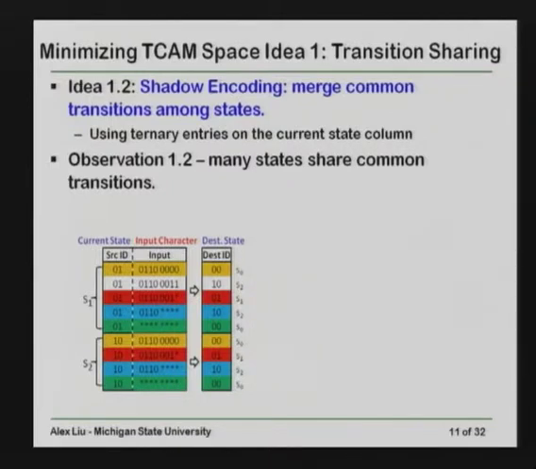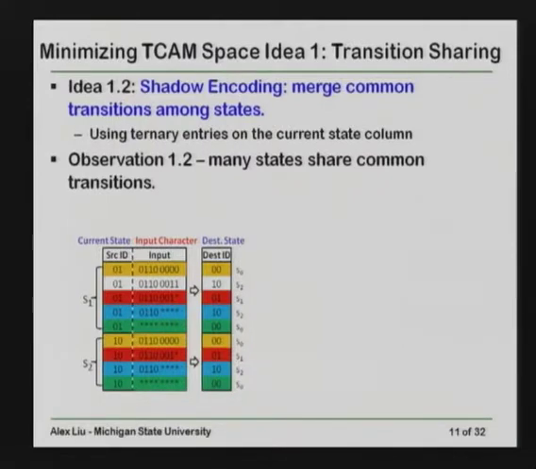These 2 blue are the same thing. These 2 green also only differ in the source state ID column. So the basic intuition is: is it possible that we can remove these 4 entries from state S1, such that we can let S2 take care of those rules?